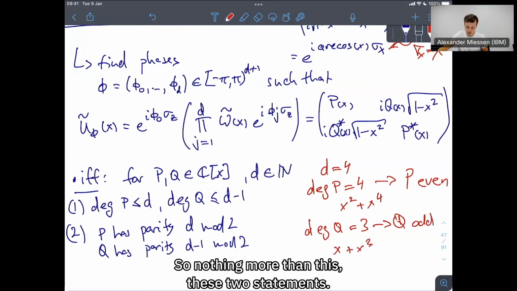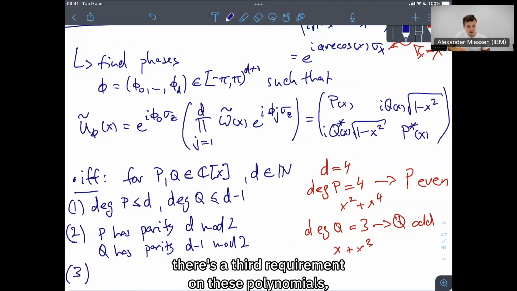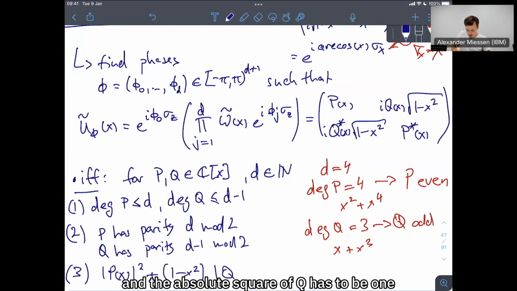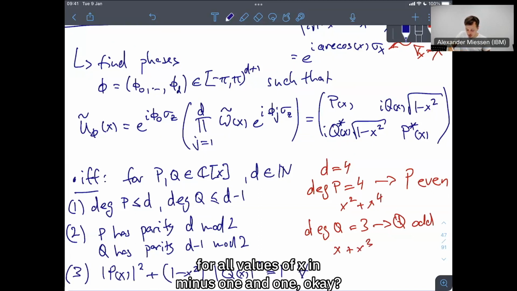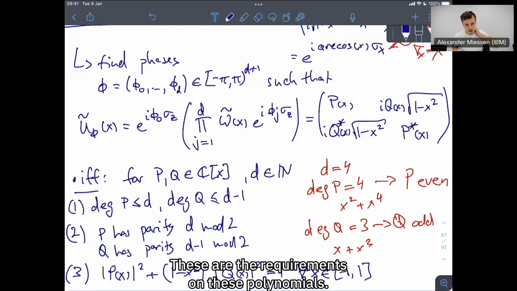So nothing more than these two statements. In addition, there's a third requirement on these polynomials, meaning that the absolute square of p plus 1 minus x squared times the absolute square of q has to be 1 for all values of x in minus 1 and 1, okay? That's it. These are the requirements on these polynomials.